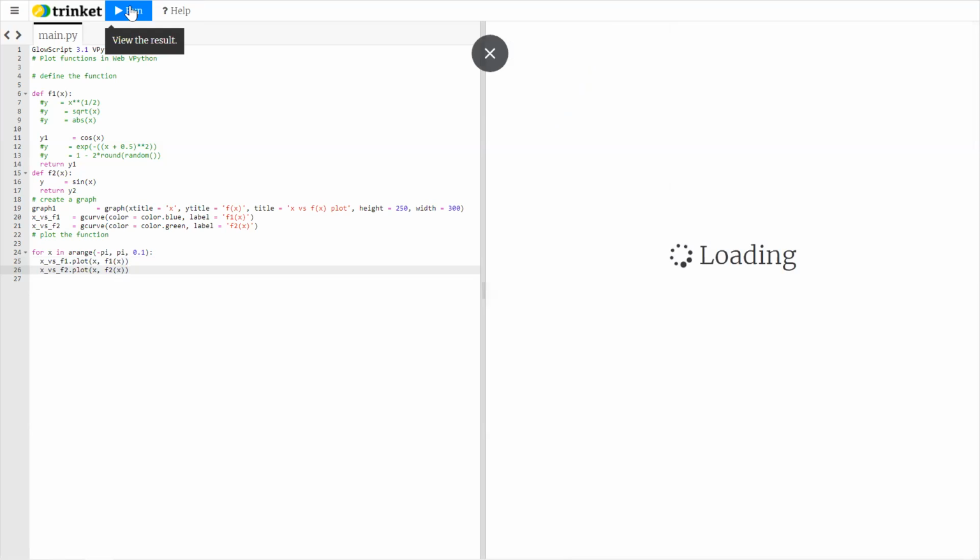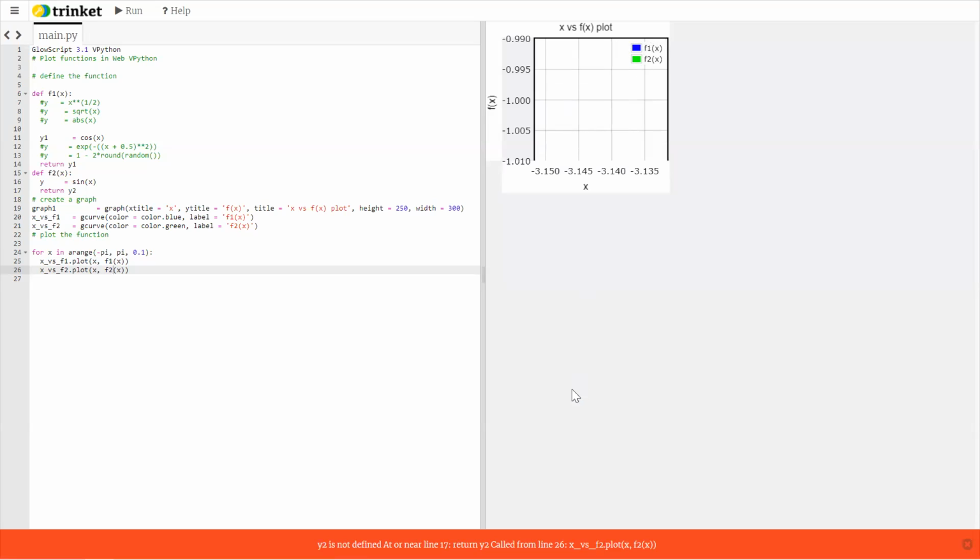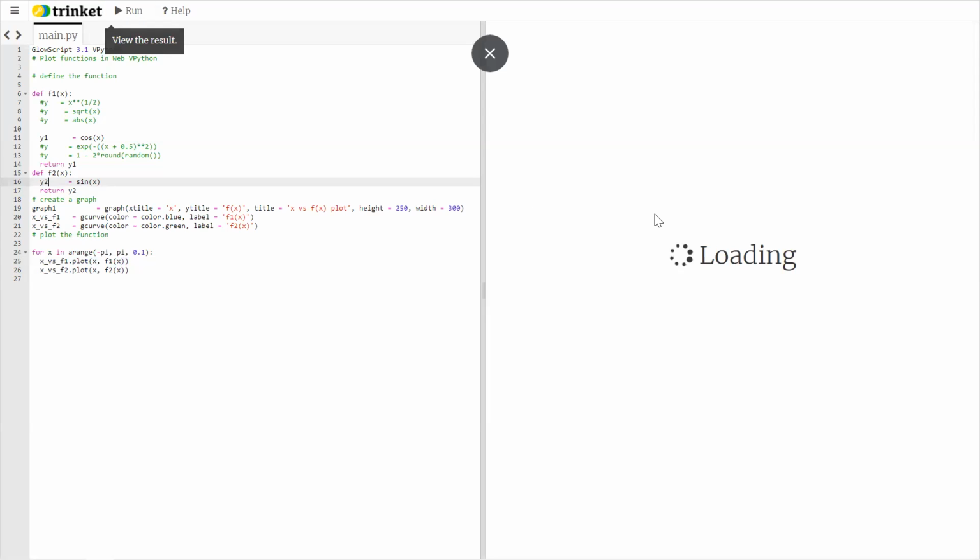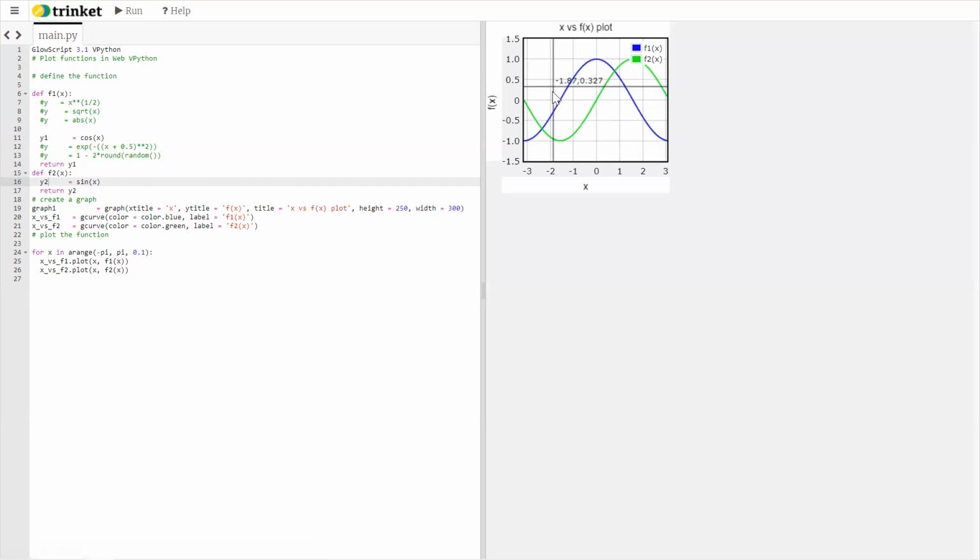So now we have two overlapping plots, one for f1 and one for f2. We need to define y2 here, not y. So now f1 is cosine x, and f2 is sine x.